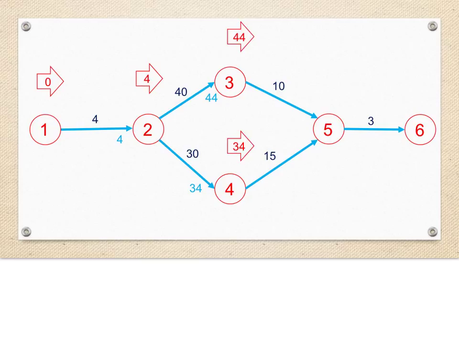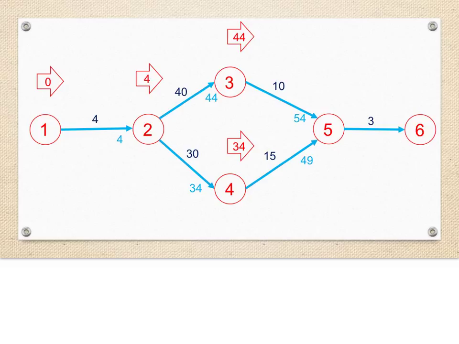These values then become the earliest start time for the respective subsequent events. Again, we add the durations to the earliest start times and get earliest finish times of 54 days for task 3-5 and 49 days for task 4-5.